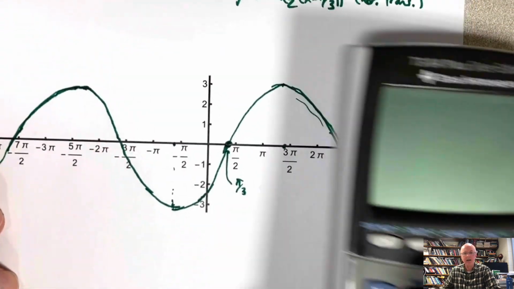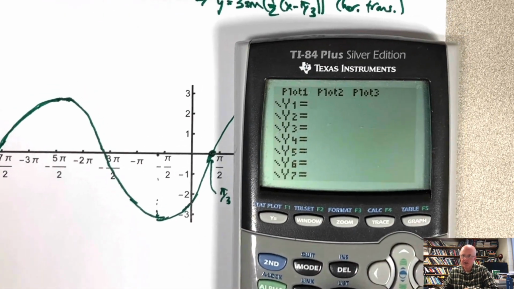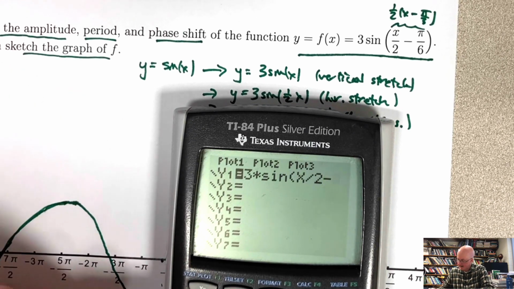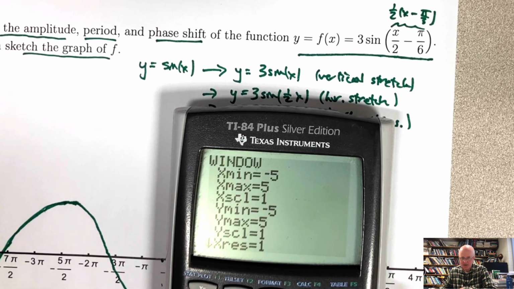Let's confirm this with technology. Go to my y equals screen, plug in this function, the original function here, 3 times sine of x over 2 minus pi over 6. Pick a window that's the same as what I got on the paper here.